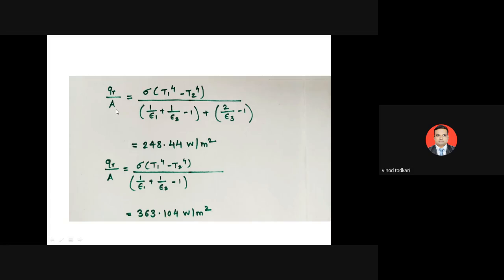Now, if you calculate heat transfer rate with shield, you will use this formula and the figure will come out to be 248.44 watts per meter square. If you calculate heat transfer rate without shield, it will come out to be 363.1. And how will you calculate percentage reduction? Percentage reduction in heat transfer is equal to heat transfer rate without shield minus heat transfer rate with shield divided by heat transfer rate without shield.